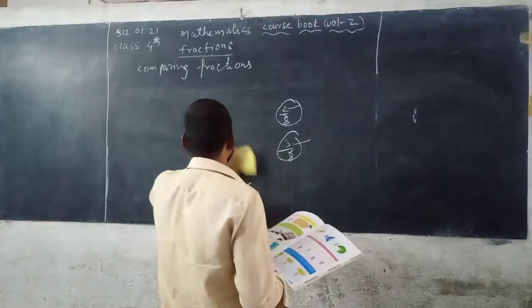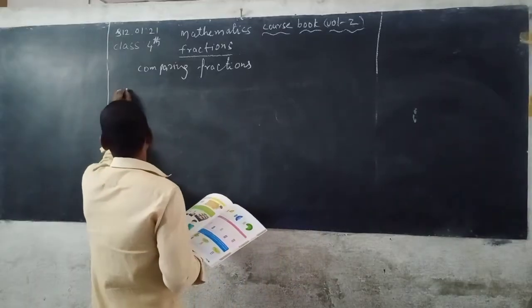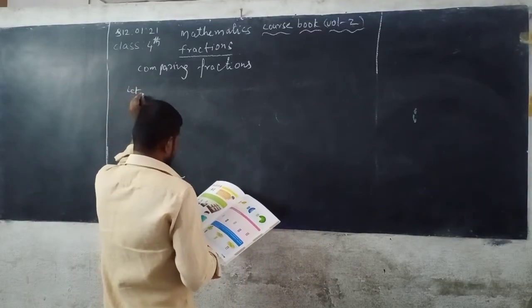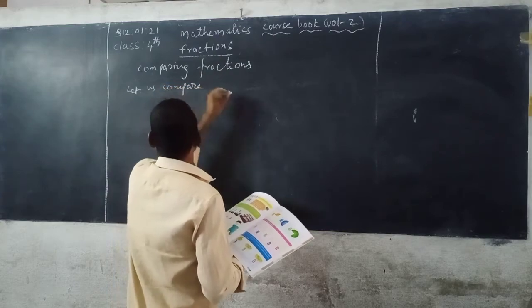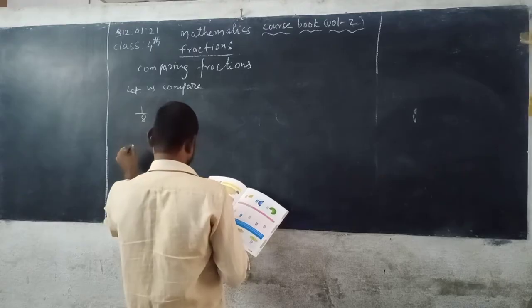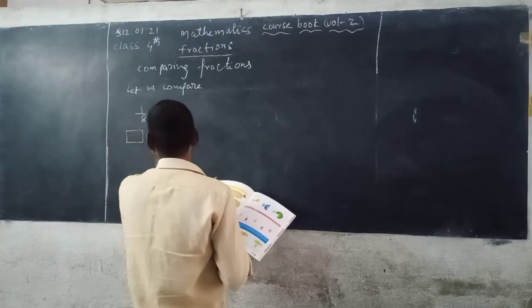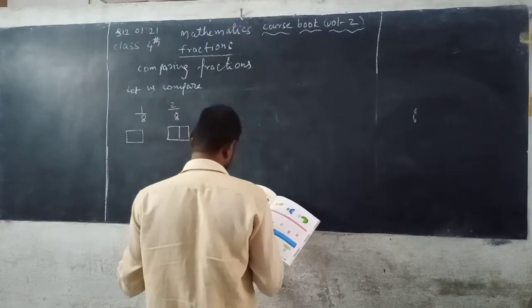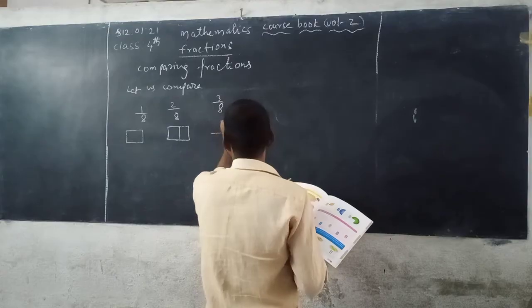See here, listen carefully. Let us compare. Here 1/8, here 2/8 means 1 chocolate, 2 chocolates, here 3/8 means how many chocolates? 3 chocolates.